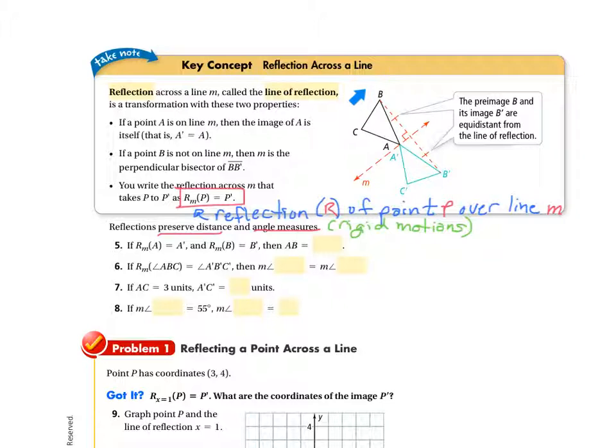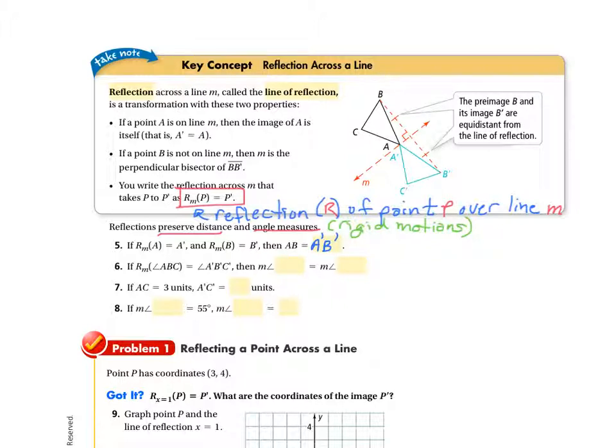Distance from A to B is exactly equal to what? A prime to B prime, wouldn't it? All heads are off the desk. And that's just one of the key concepts that they have in that box above.